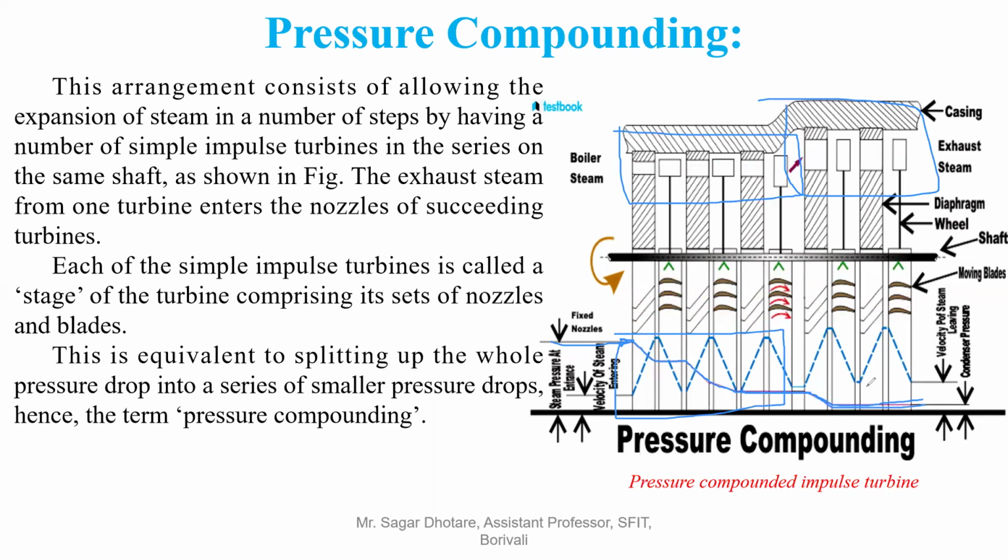Initially, it is dropped as in a reaction turbine, where the pressure drops, and afterwards, as in velocity compounding, the pressure remains constant in the second step. Now here, look, the velocity increases when it passes through the fixed blade, reduces when it passes the moving blade, and it continues till it exits.